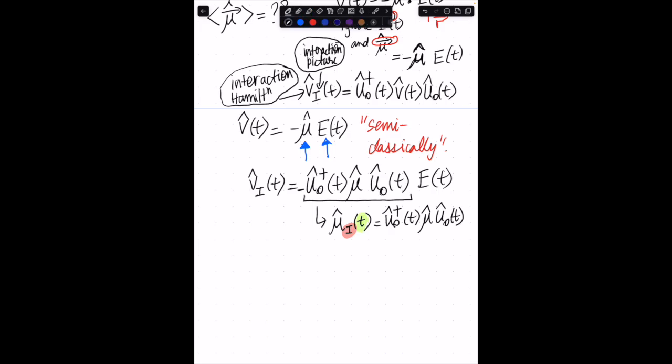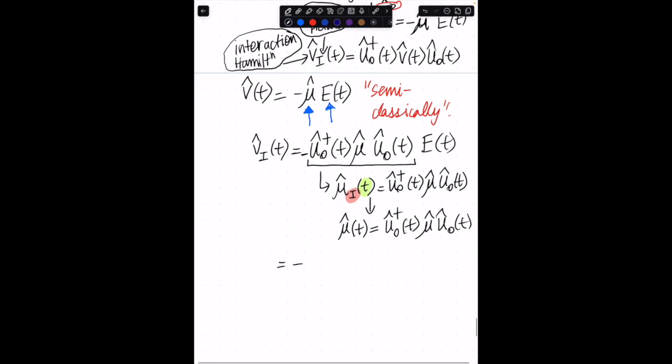The reason is that the dipole operator is independent of time in the Schrodinger picture. So if I put the time dependence, it automatically implies that you're in the interaction picture. So people will write it as mu hat of t instead of mu hat I of t, and it's the same U hat dagger t, mu hat, U hat 0 t. So very good. What I will get is minus mu of t E of t.